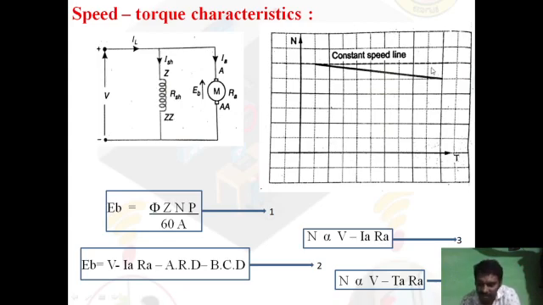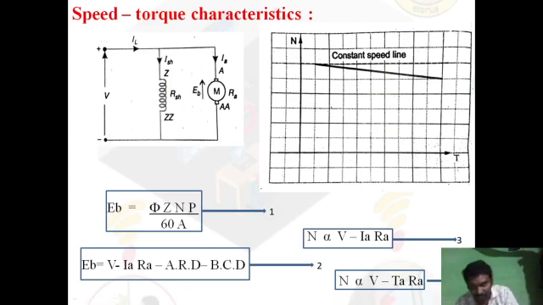Ra is constant, a very low value of armature resistance from 0 to 2 ohm approximately, and the change in armature current from no load to full load is also very small. Therefore, the change in the IaRa drop is very small, and therefore the change in speed is very small.